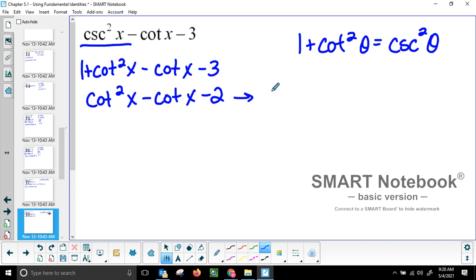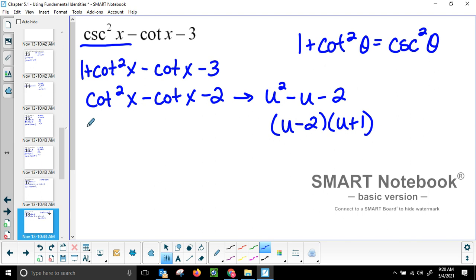If you really want, you can write that as u squared minus u minus 2, which factors to u minus 2 and u plus 1. So this just becomes cotangent x minus 2 and cotangent x plus 1. And that is it.